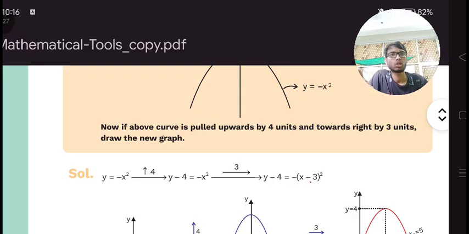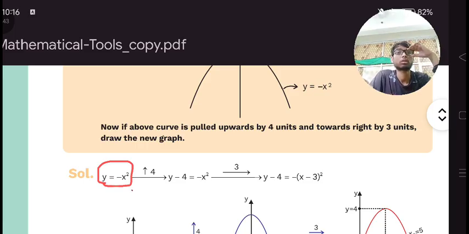Y minus 4 is equal to, but hold on brother, this is also minus, because one equation was given already, which is y is equal to minus x raised to power 2. And this is over here, minus x square.